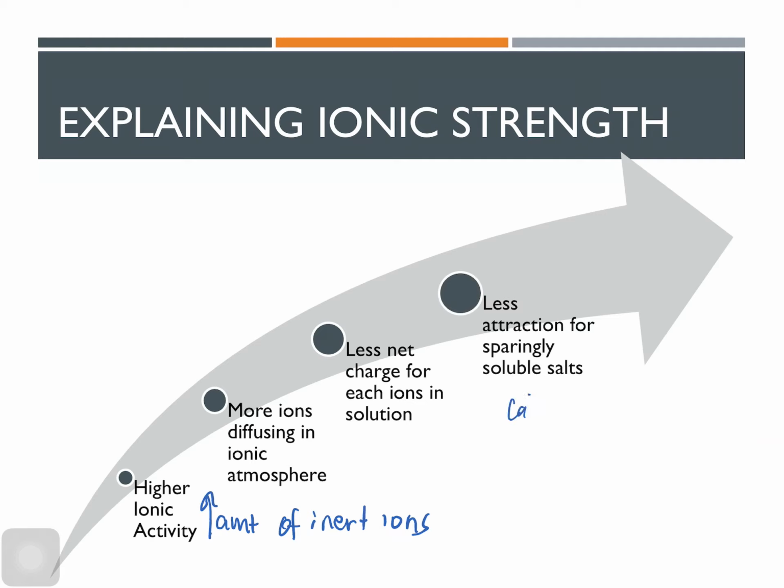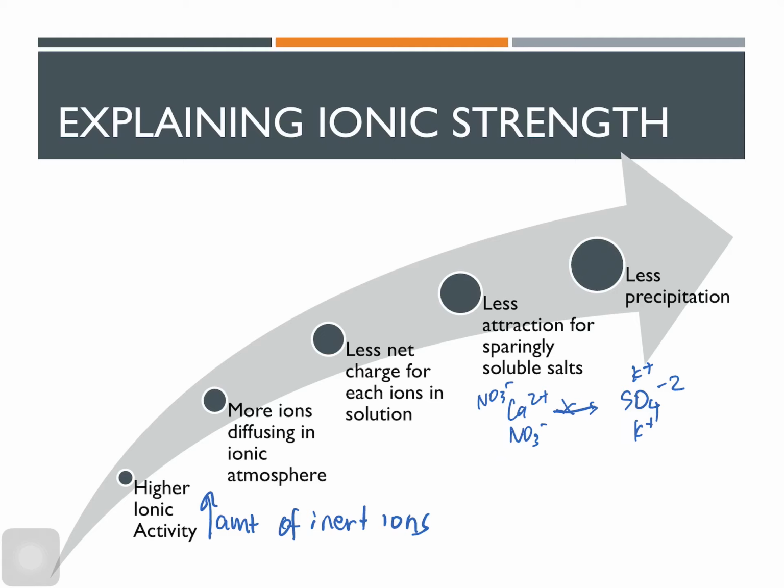That means calcium 2+ will no longer be attracted to sulfate because of the presence of the diverse ions in here. Okay, so since there is less attraction for our soluble salts, there will be less precipitate.